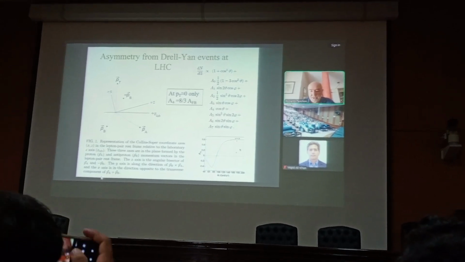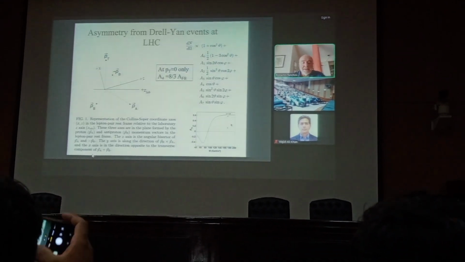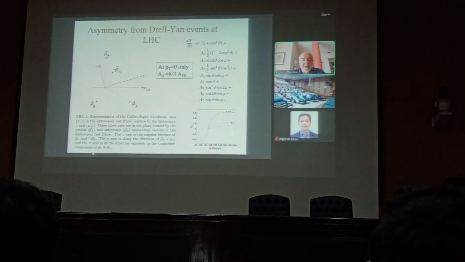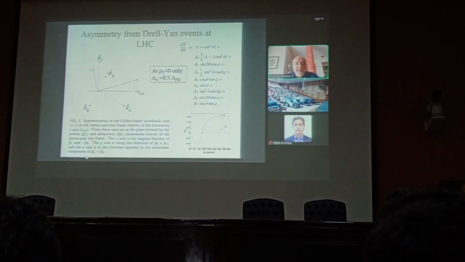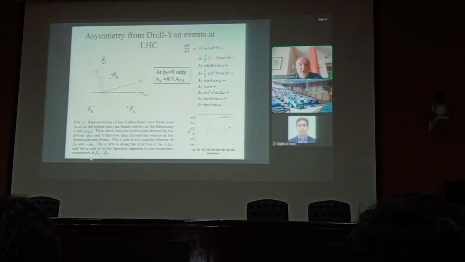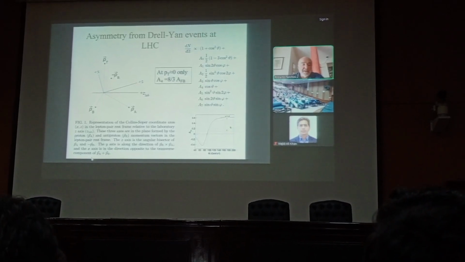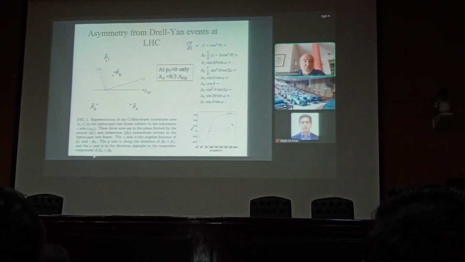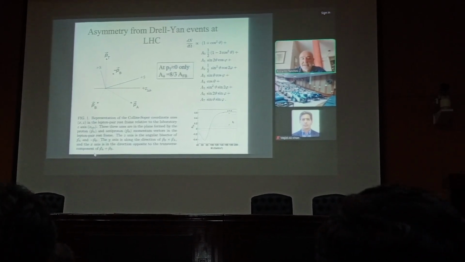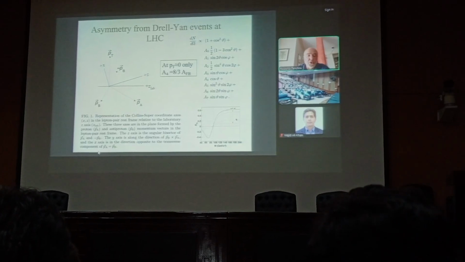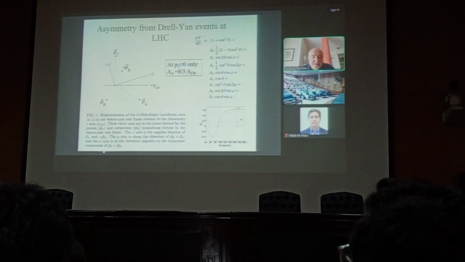In the e+e- colliders, the lab frame essentially is the center of mass frame. Here we are not in this situation because these are particles which are very imbalanced, so we are in a moving reference frame, and it is defined in order to be as close as possible to the center of mass frame, using the so-called Collins-Soper coordinate axes, which you can find described in various papers.